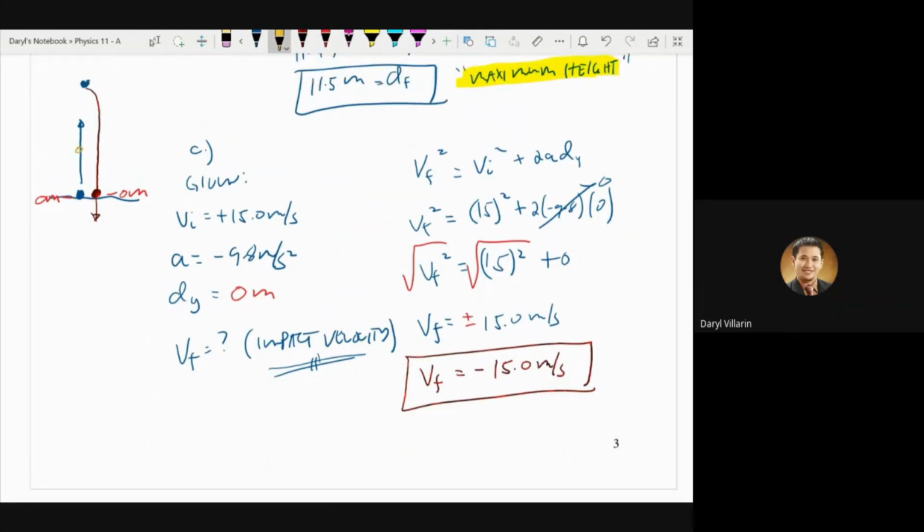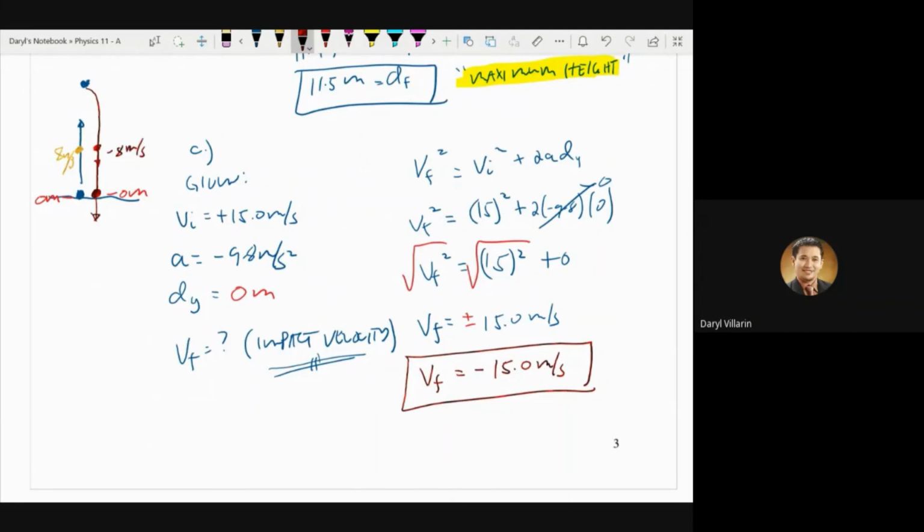Like if you have the velocity here, I know that it should be less than 15. So maybe if this is 8 meters per second on its way up, then on its way back down, at the same position, its velocity is negative 8 meters per second.